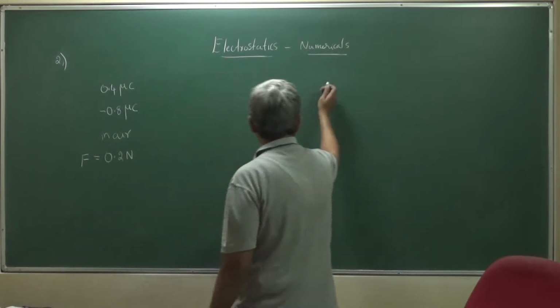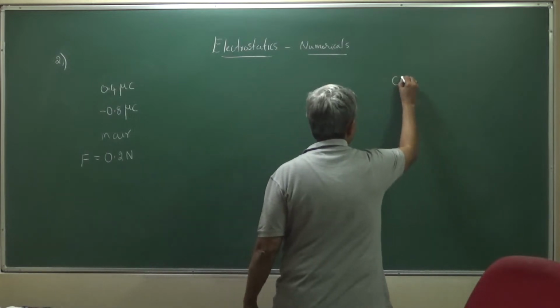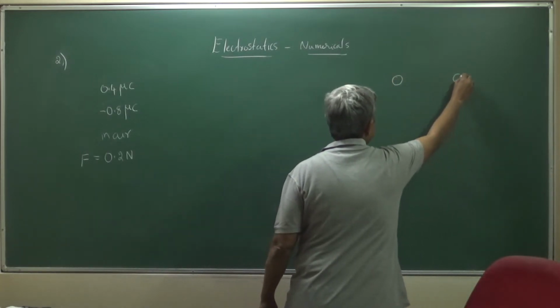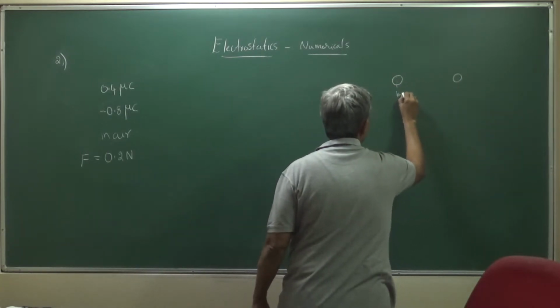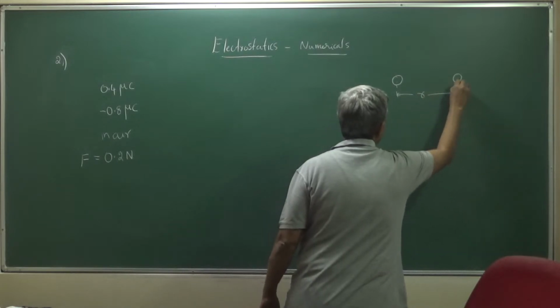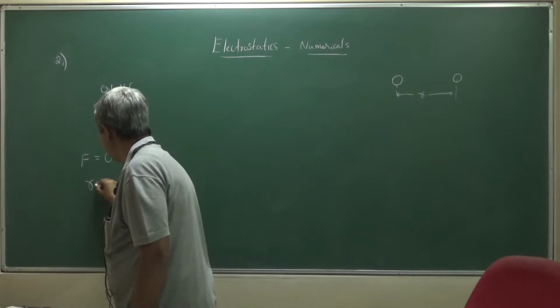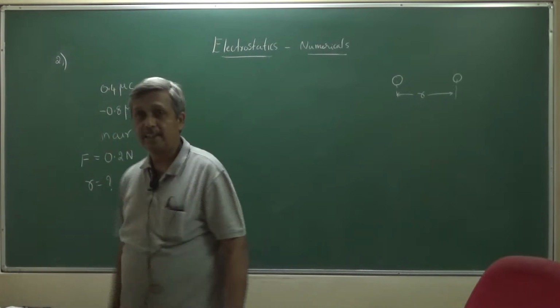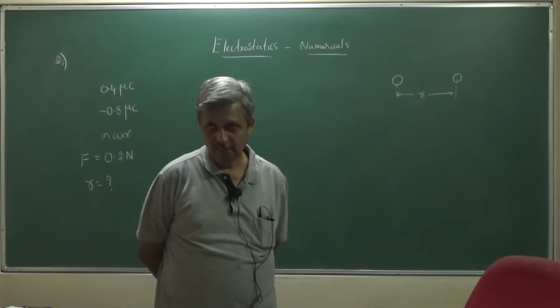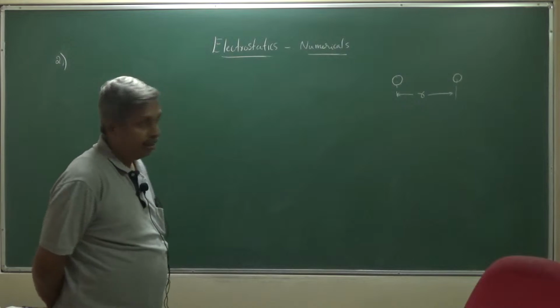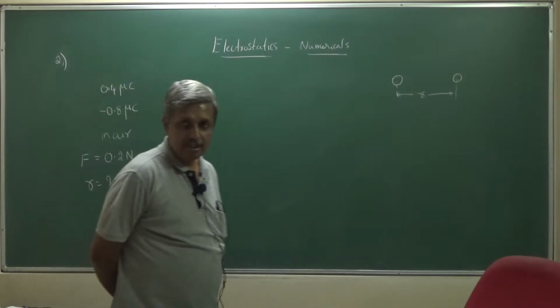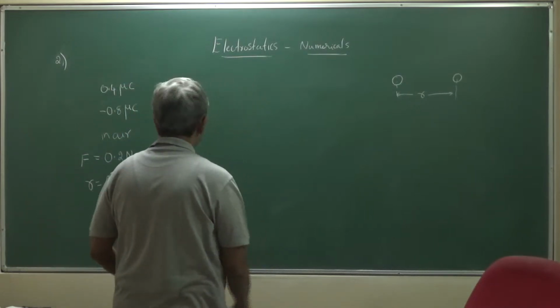Because you have two spheres. Again, I am going to put a small sphere here, and there is some distance between them. We don't know the distance. We call it r. They have asked us to find what r is. That is the question that we are going to answer. Since there are two spheres, they have given Q1 and Q2.